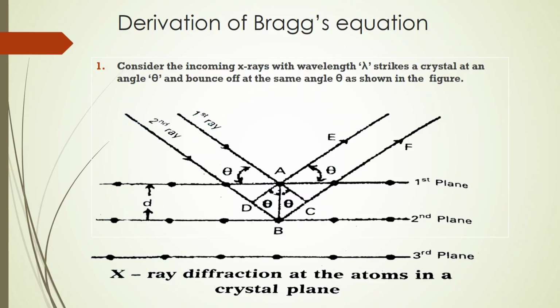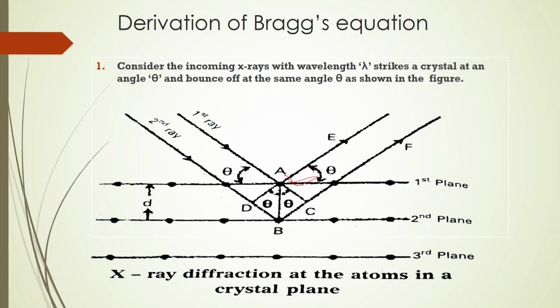Consider the incoming X-rays with wavelength lambda strikes a crystal at an angle theta and bounces off at the same angle theta as shown in the figure.